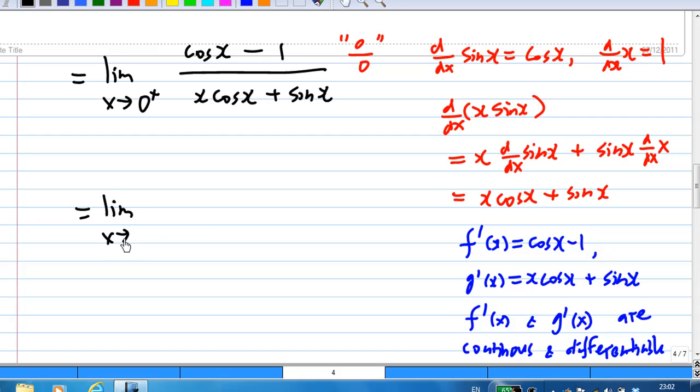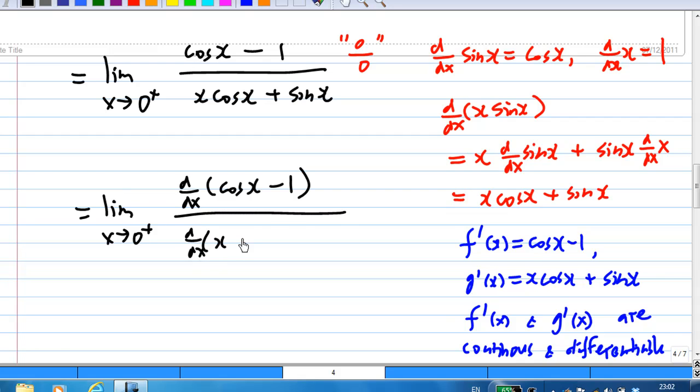There's a limit of x goes to 0 from the right, differentiation of cosine x minus 1 over differentiation of x cosine x plus sine x. This is the second time we apply L'Hopital's rule now.